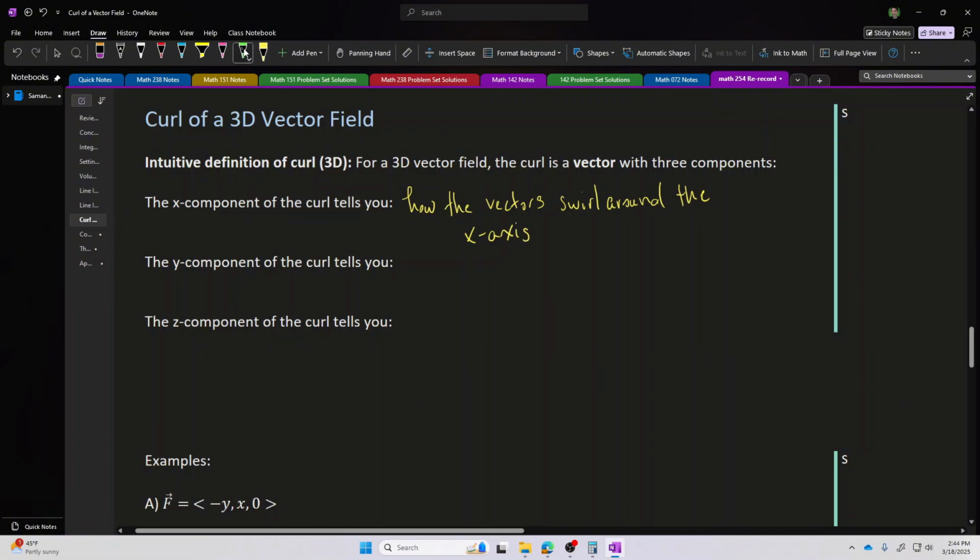Likewise, the y component will tell you how the vectors are swirling around the y-axis. And likewise, the z component of the 3D curl vector tells you how the vectors are swirling around the z-axis.